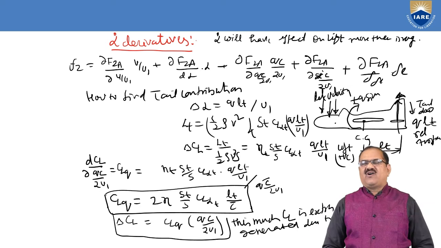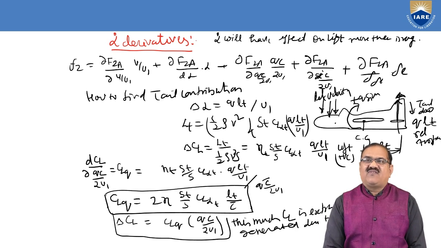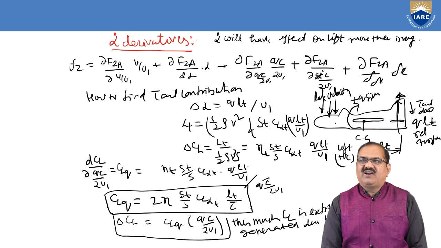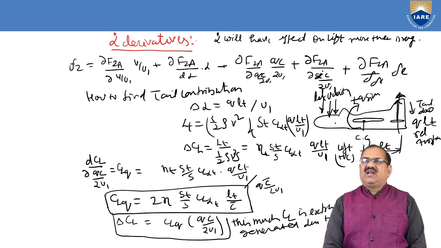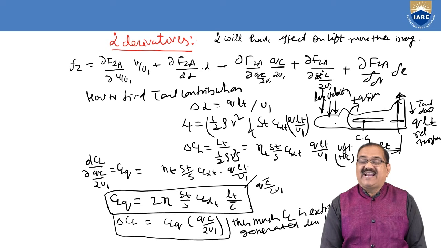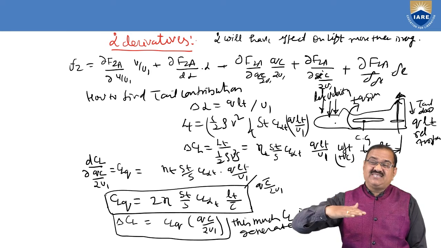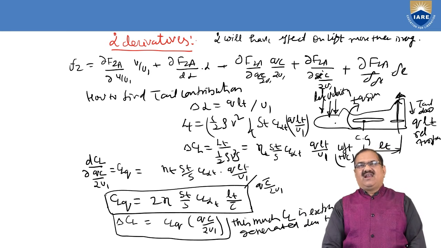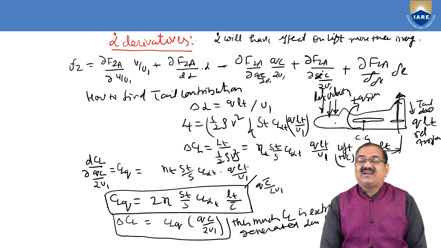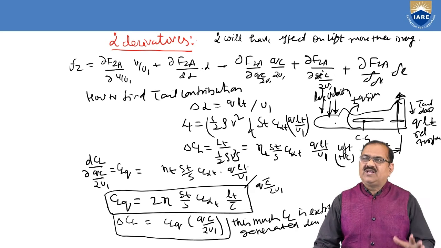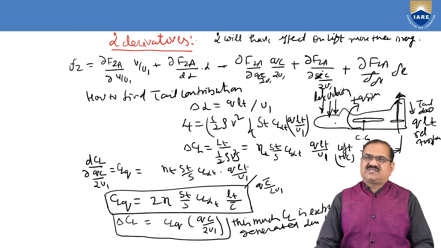So now we will go for the next derivative, that is the alpha dot derivative. Alpha dot will have an effect on lift more than drag. Okay, so as you change the rate of angle of attack, it will affect lift more. So that is the benefit of this alpha dot.